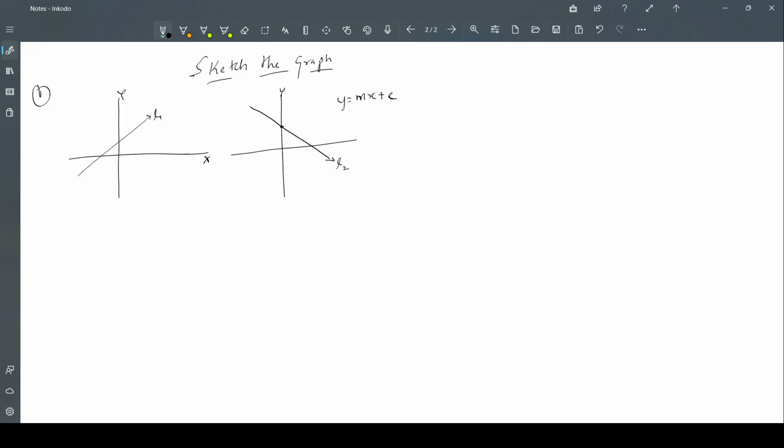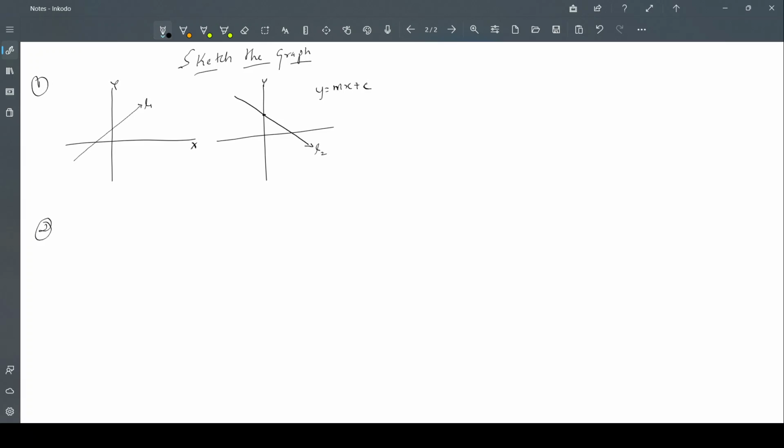Now we'll be discussing the parabola, or the quadratic equation. I also mentioned a little bit about a quadratic equation, where the highest power should be square, right?